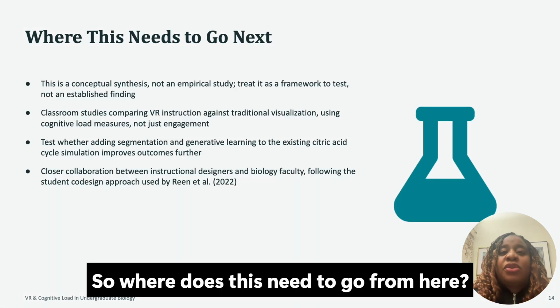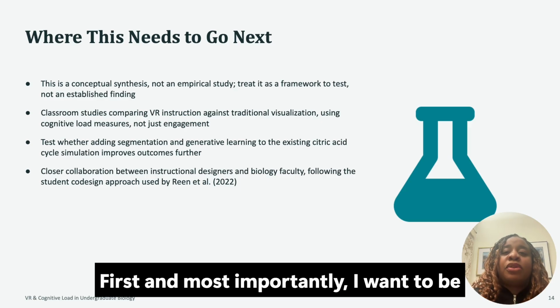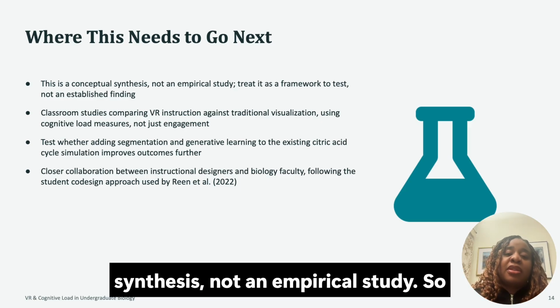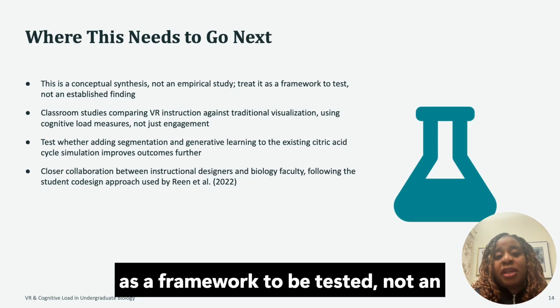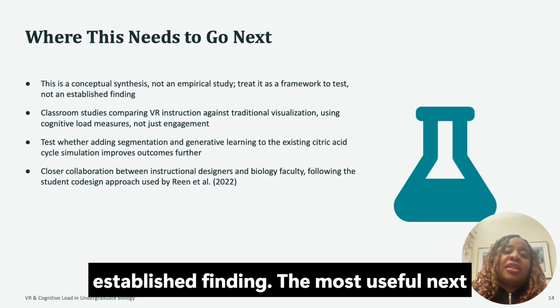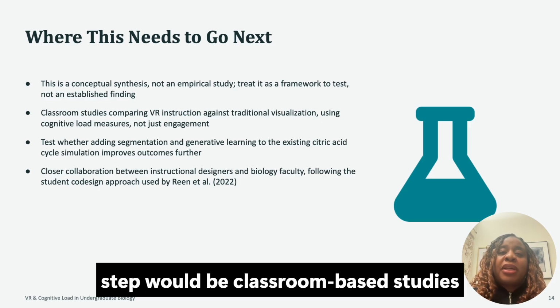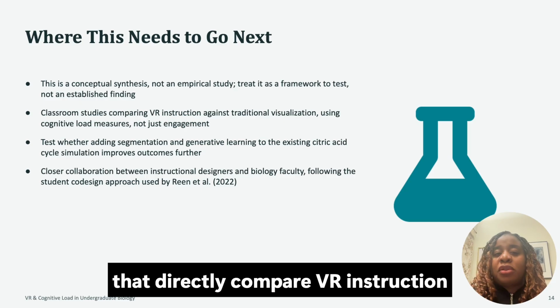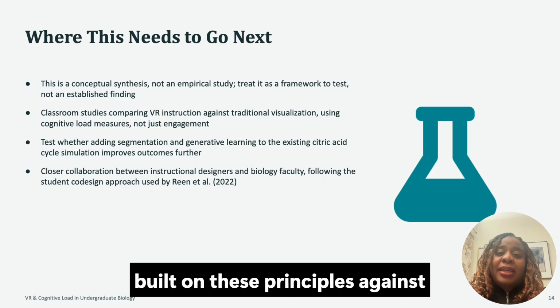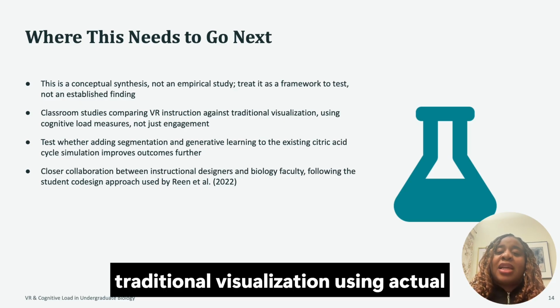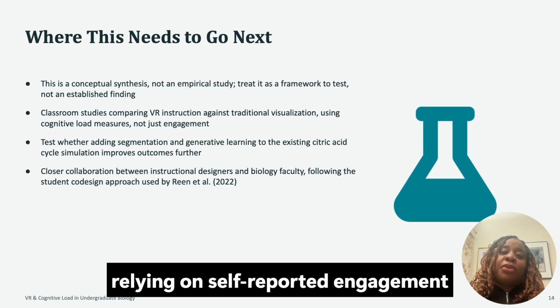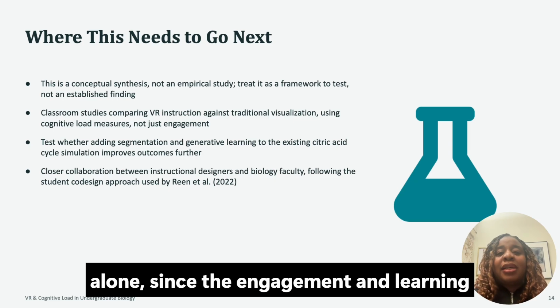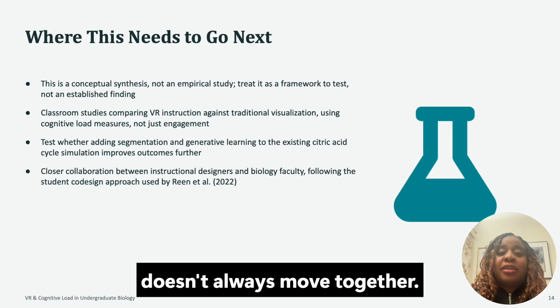So where does this need to go from here? First and most importantly, I want to be honest that this is a conceptual synthesis, not an empirical study. So everything I've shown should be treated as a framework to be tested, not an established finding. The most useful next step would be classroom-based studies that directly compare VR instruction built on these principles against traditional visualization using actual cognitive load measures, rather than relying on self-reported engagement alone, since engagement and learning don't always move together.